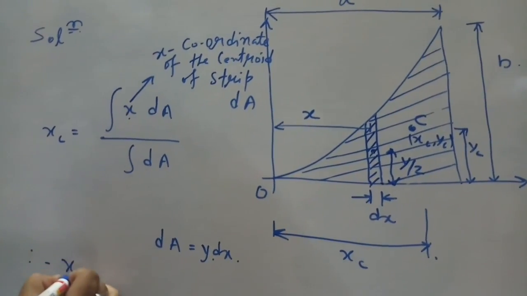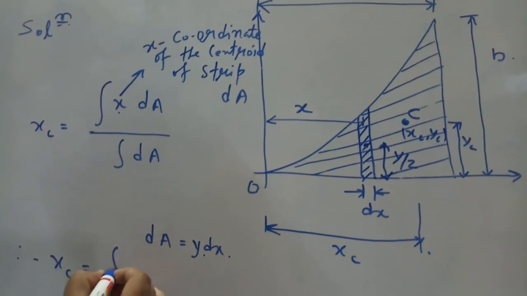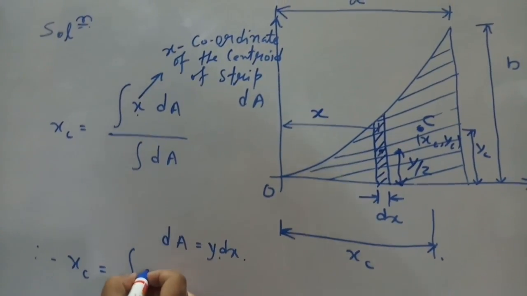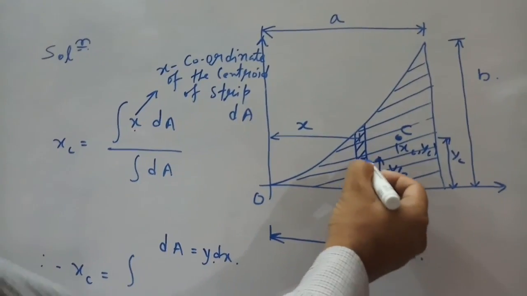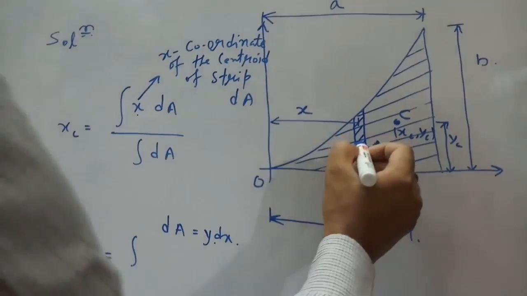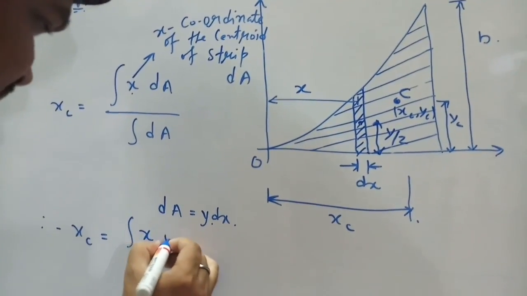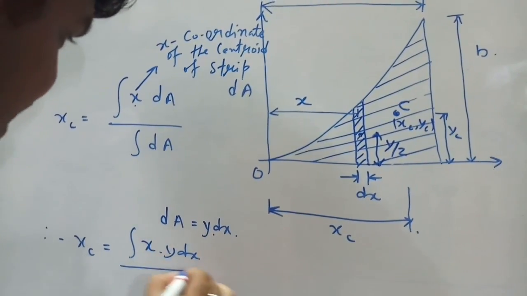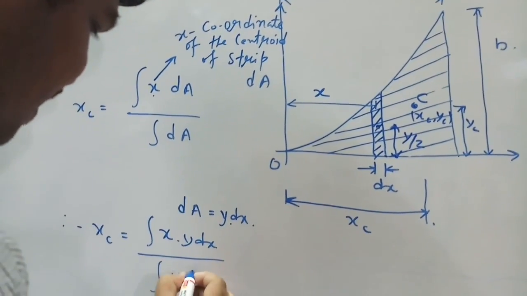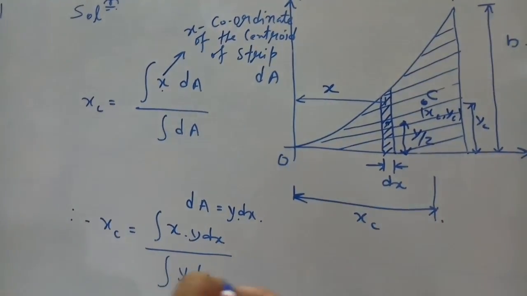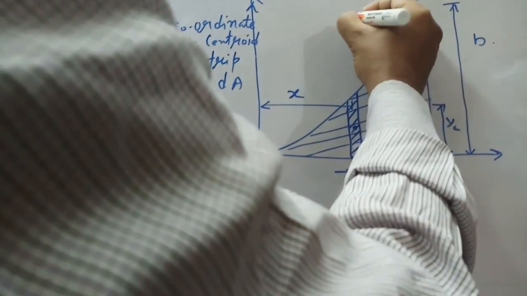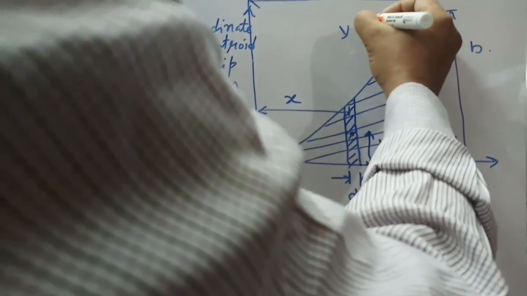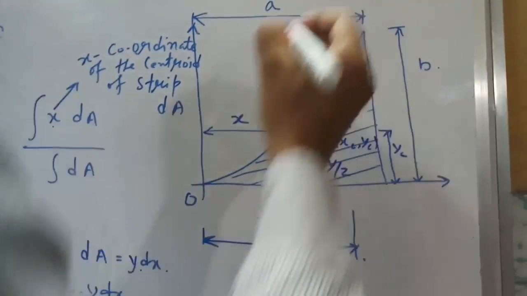Therefore xc will be integral x y dx by integral y dx, where x is the x coordinate of this strip. What is y? The value of y is given by the curve y equal to k x square.